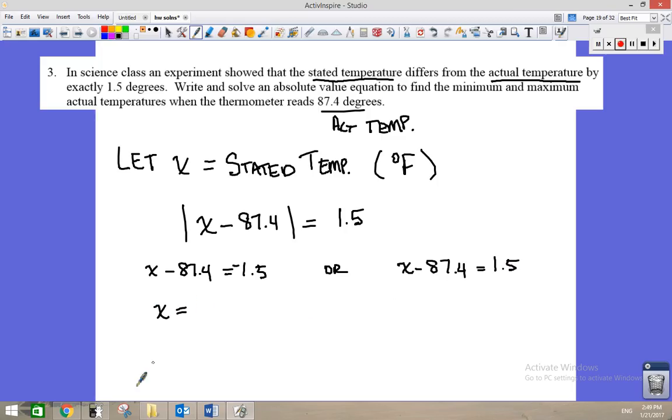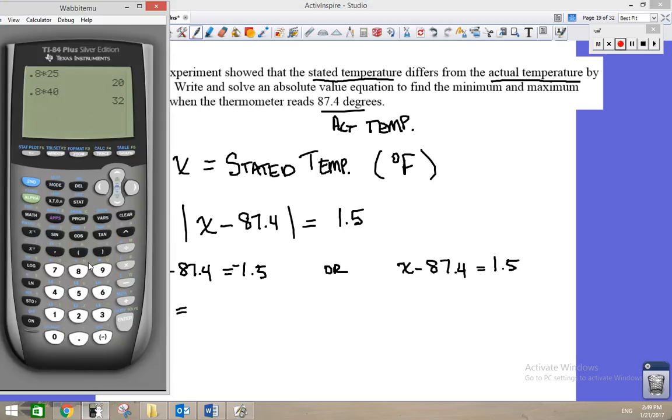So 87.4, I don't want to make a silly arithmetic error, 87.4 minus 1.5, and that's 85.9. And if I add, instead of subtracting, I have 88.9.